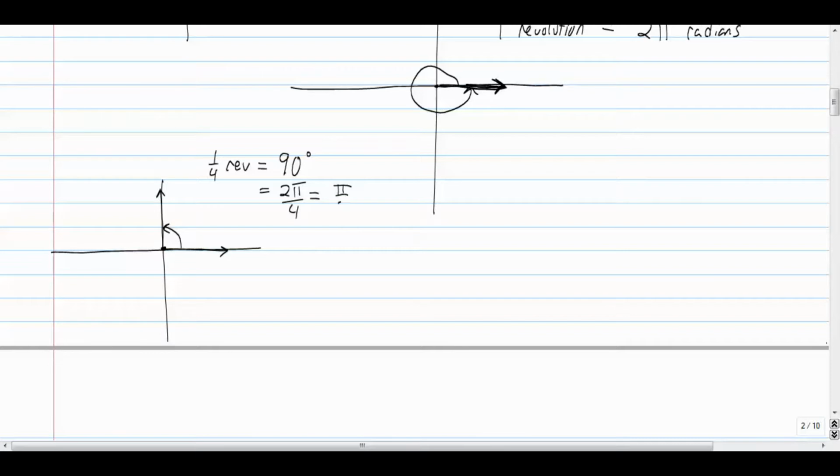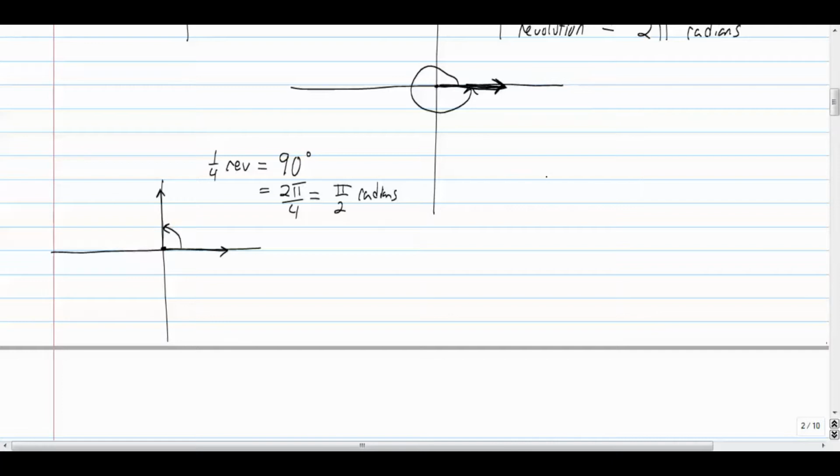That will be pi over 2. So 1/4 of a revolution is equal to 90 degrees or pi over 2 radians. That means 90 degrees is equal to pi over 2 radians, which we'll get into a little later on.